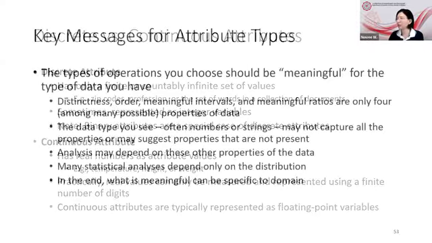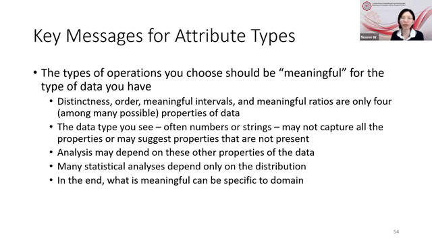So why do you need to know this? Because the operations that you choose should be meaningful for that type of data. If it's ratio, you can do this. If it's just nominal, you cannot find the mean, something like this, right? The data type you see when you collect the data, you only see numbers or strings. But what you see doesn't capture all the properties, or may not suggest the properties that are not present in there.